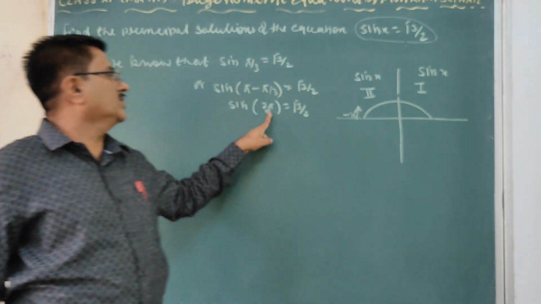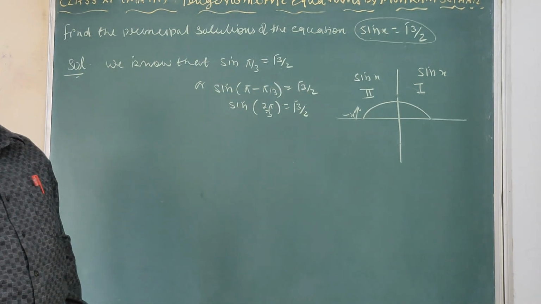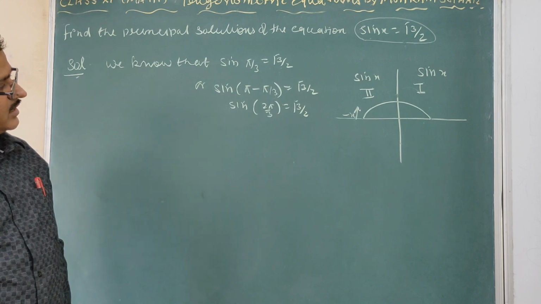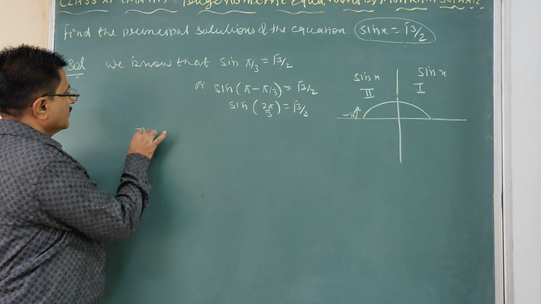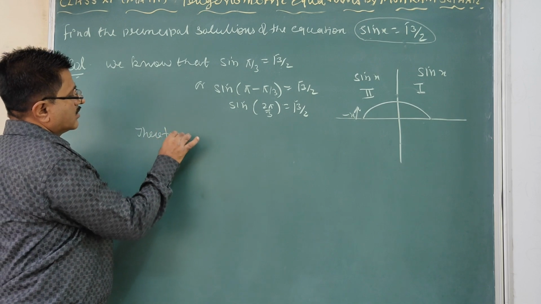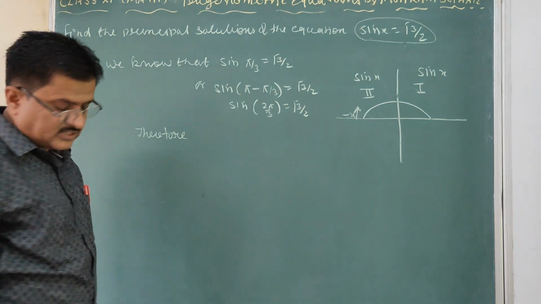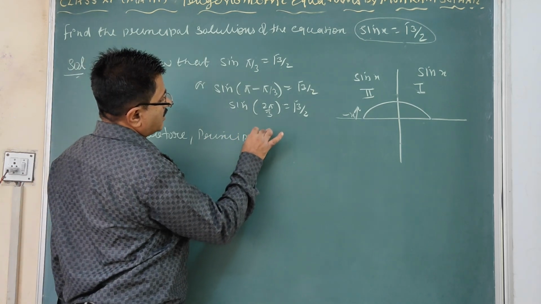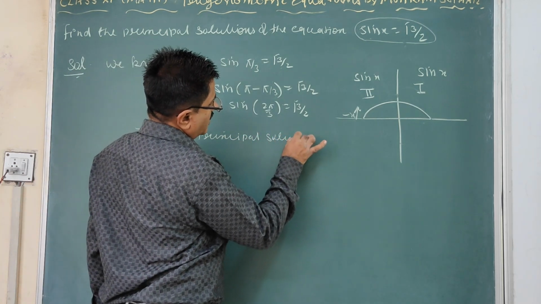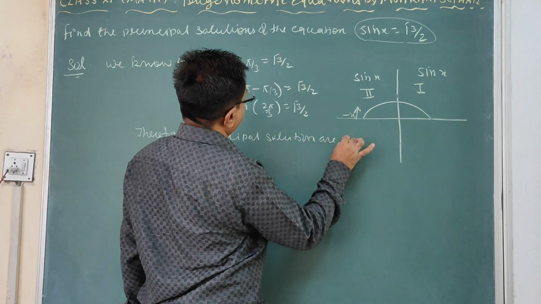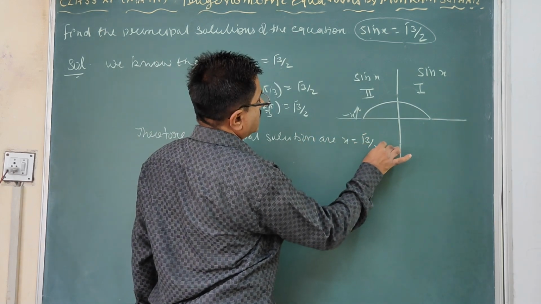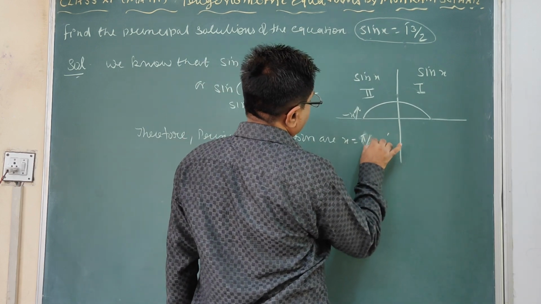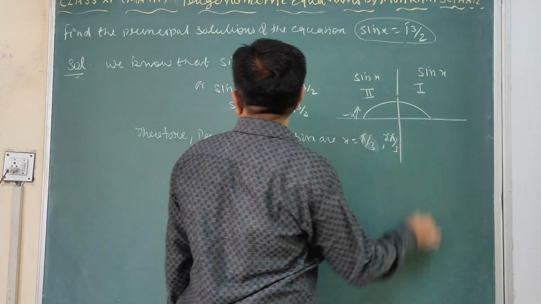Or x can be replaced by 2 pi by 3, then this is also satisfied. Therefore, you write the principal solutions are x equal to pi by 3 and 2 pi by 3.